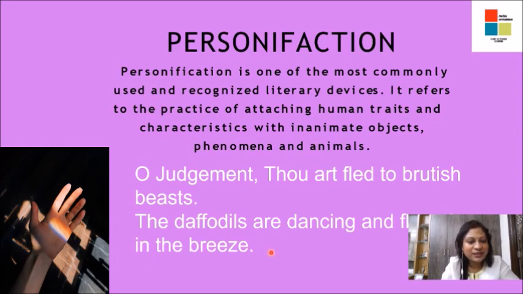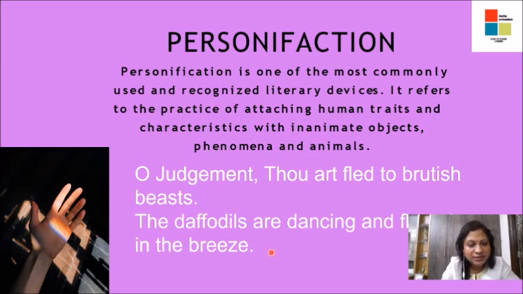The next one for personification is, O judgment, thou art fled to brutish beast. This is a very, very famous line from the Shakespearean drama Julius Caesar, where Mark Antony gives his famous speech, and when he's addressing the audience, he tries to tell them that men have lost their reason and judgment, which is a quality that has escaped from humans and has fled to the beasts, the animals.